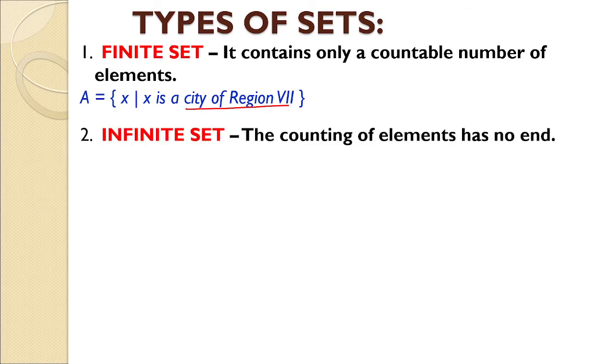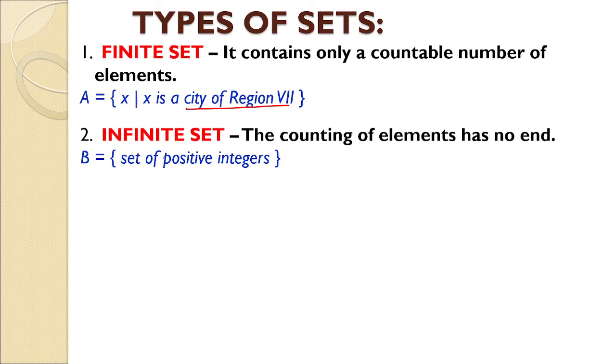Next, infinite set. Meaning, walay katapusan. Dili jud ka mahuman og enumerate ana. This is an example. Positive integers. 1, 2, 3, 4, 5, 6, 7. Mahuman na lang ka, maniguwang na lang ka, di gihapon na nimo mahuman og sulti ang mga positive integers. And mao na gitawag na infinite set.